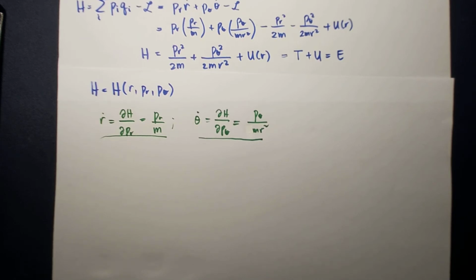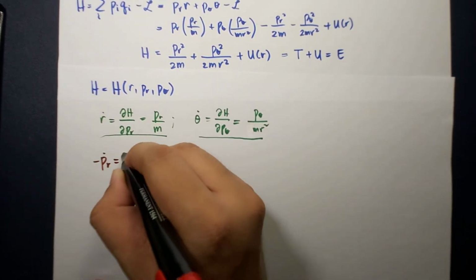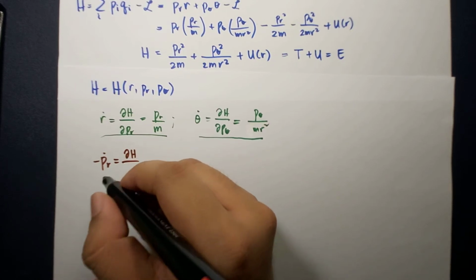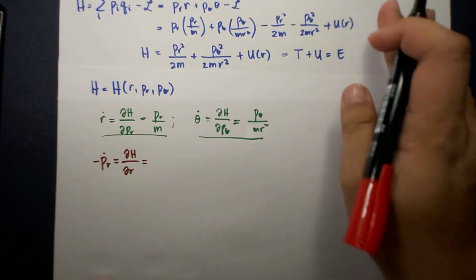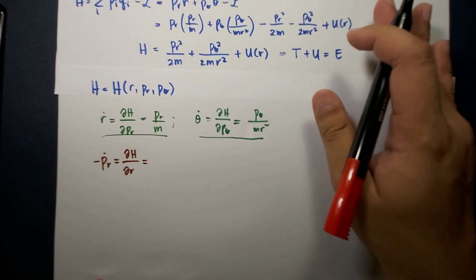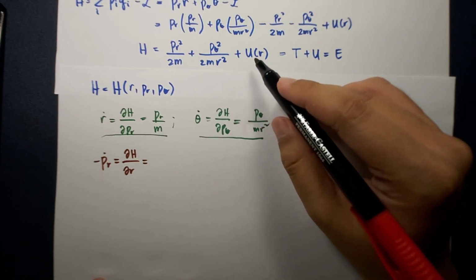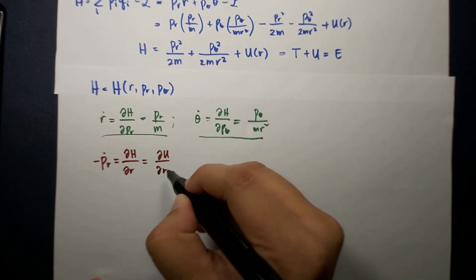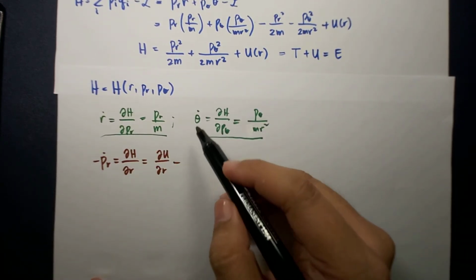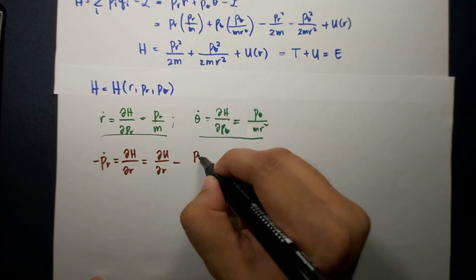So here we have negative PR dot. This is equal to partial derivative of H with respect to r. Okay, so following this we have derivative of U with respect to r minus P theta squared here.